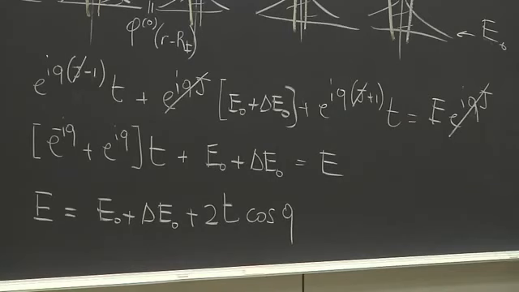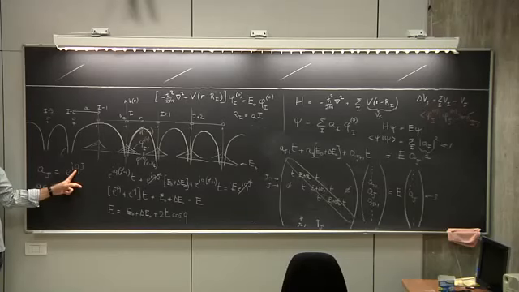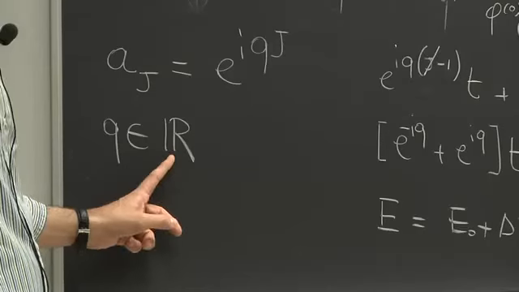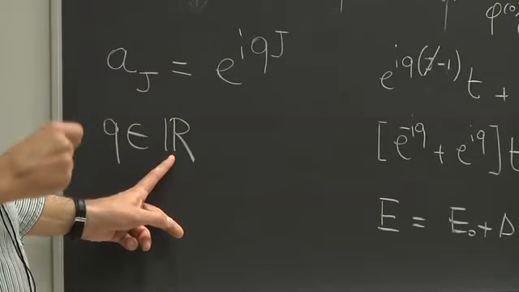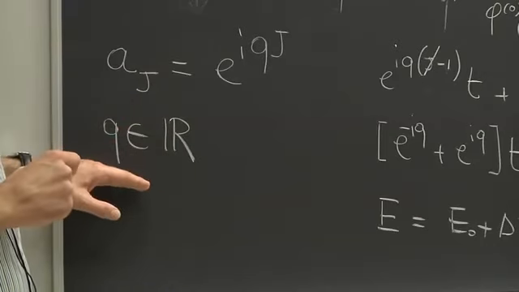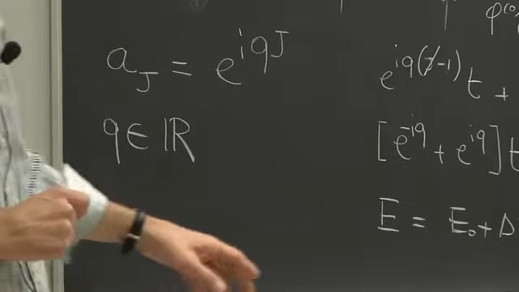So we started from a guess for the solution with an arbitrary q to be determined. q, we argued, must be real, because if it's imaginary, we're going to have exploding solutions. Fair enough. Let's keep q as general as possible.